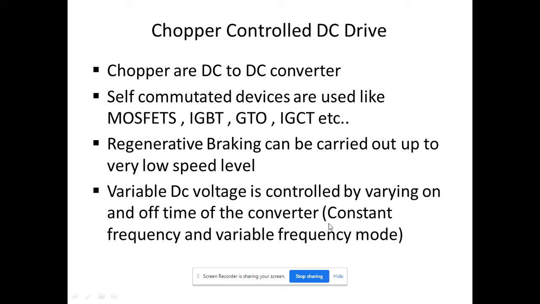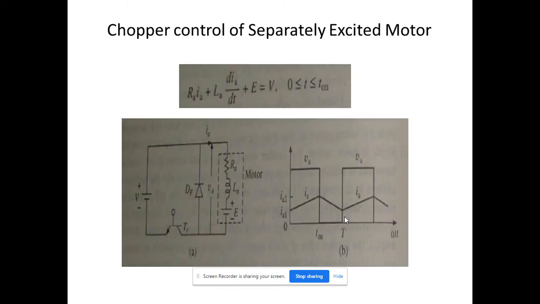So there may be two schemes, the constant frequency and variable frequency scheme. In constant frequency, the on time is kept constant and off time is varied. Whereas in variable frequency mode, the frequency is changed. Generally, we prefer the constant frequency mode.